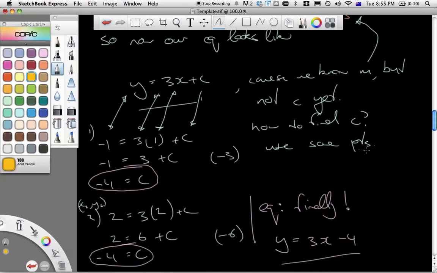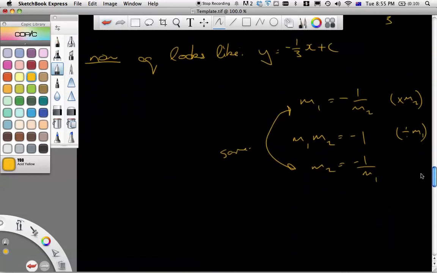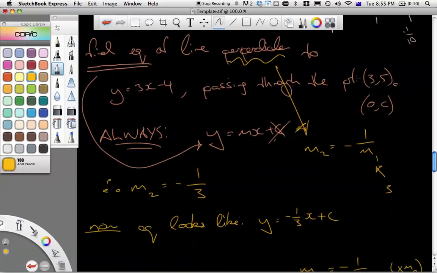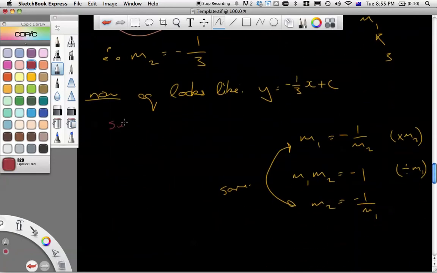How to find c? Use some points. Come back down here. So which point do we have? Oh, how convenient. We've got this one here, 3, 5. So sub in x equals 3, y equals 5 gives 5 equals negative 1 on 3 times 3 plus c.